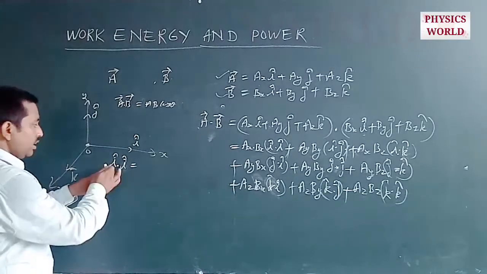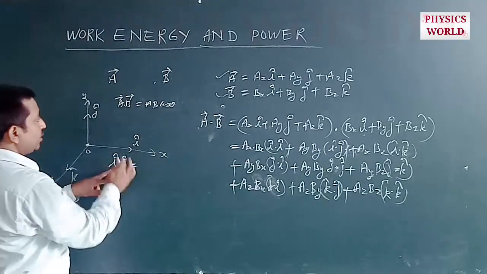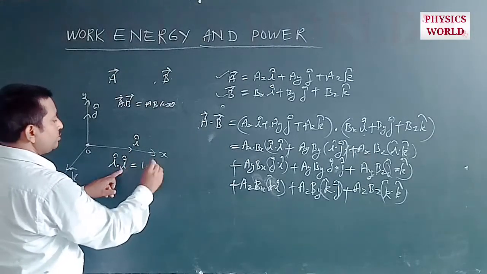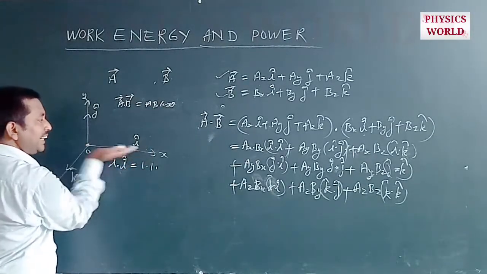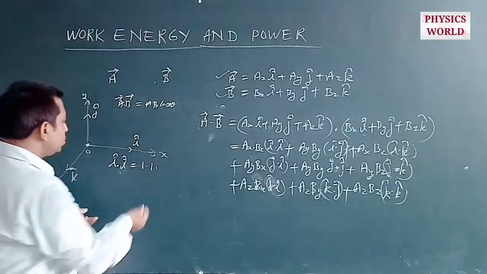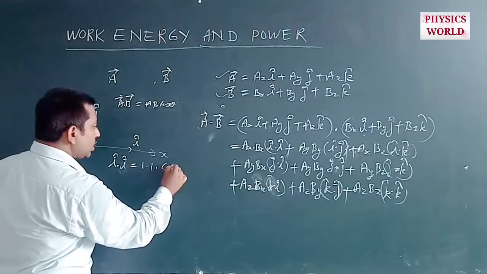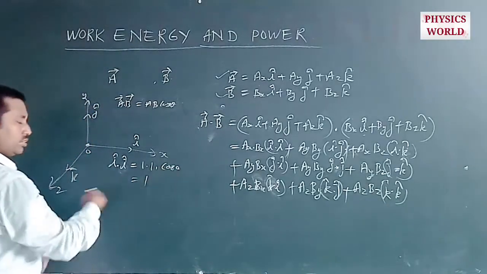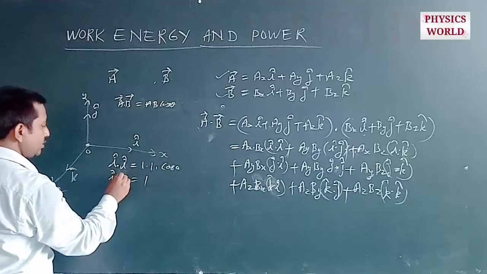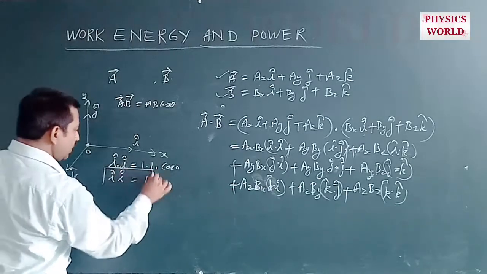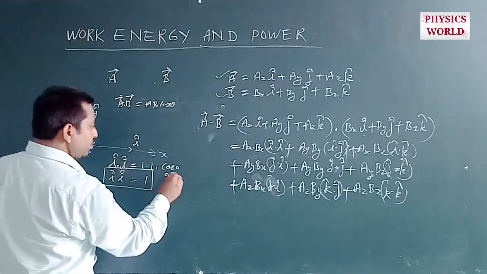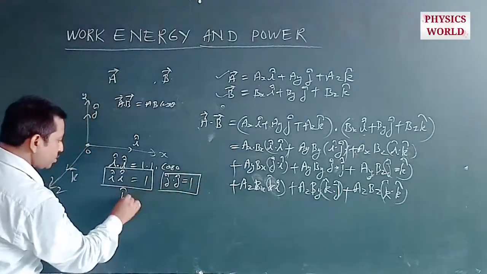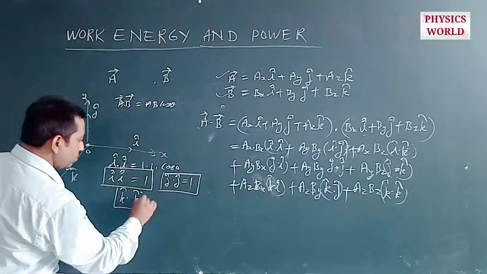So the magnitude of this i is 1, the magnitude of this is 1, and the angle between i and i is 0. So cos 0 is also equal to 1. So vector i dot vector i is equal to 1. Similarly, vector j dot vector j equals 1 and vector k dot vector k is also equal to 1.